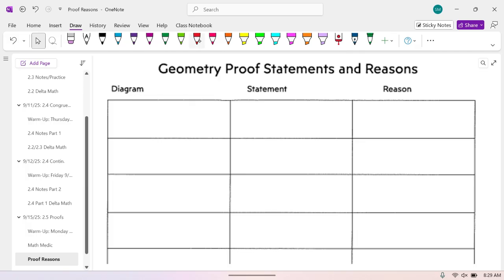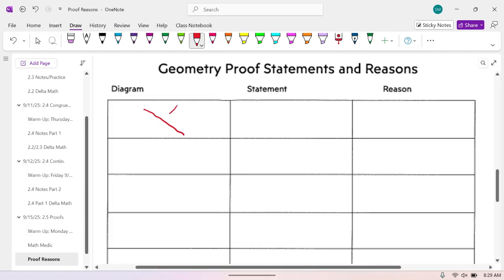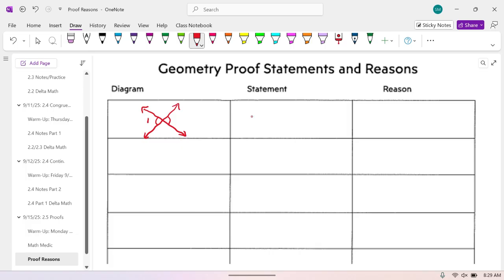The first one, we have two intersecting lines. We have angle 1, angle 2. So based off this diagram, what do you think my statement would be? What would I say about these two angles?